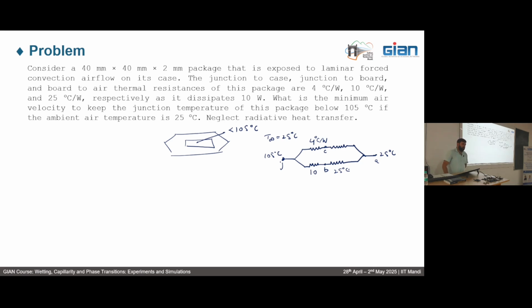So the better approach would be first to find what is this value, right? You are also given that the total heat transfer rate is 10 watt. This much of power is dissipated as heat, and then this has to flow through this circuit.